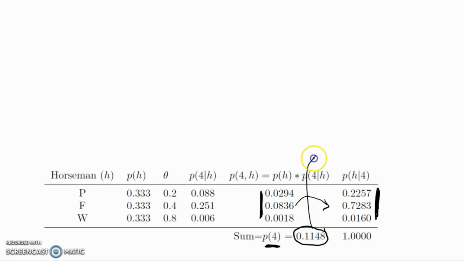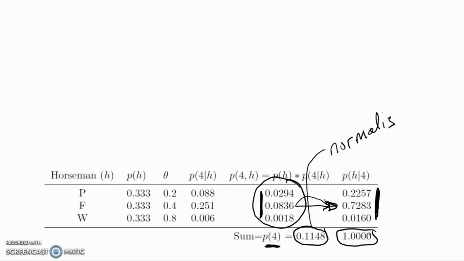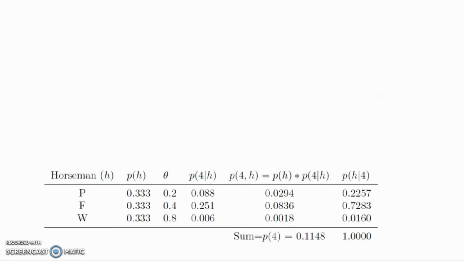So we can think about this constant as being a normalizing function that takes these values and converts them to something that adds up to 1.0. Now, this column here is really a critical column, because what this reflects is our posterior probabilities.